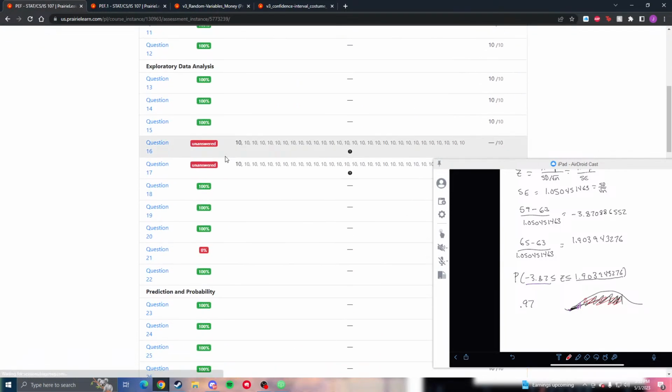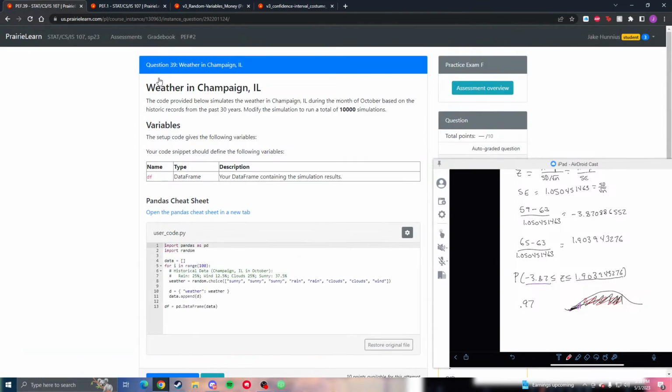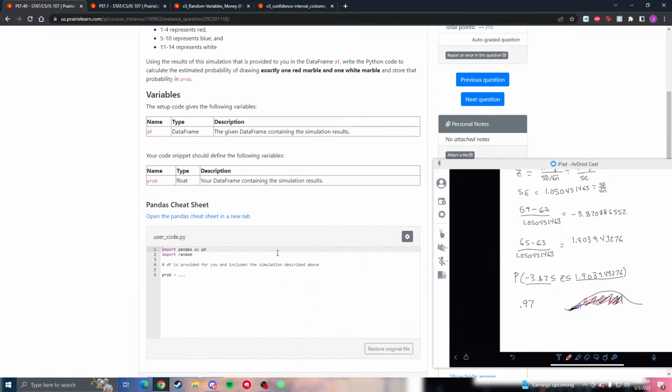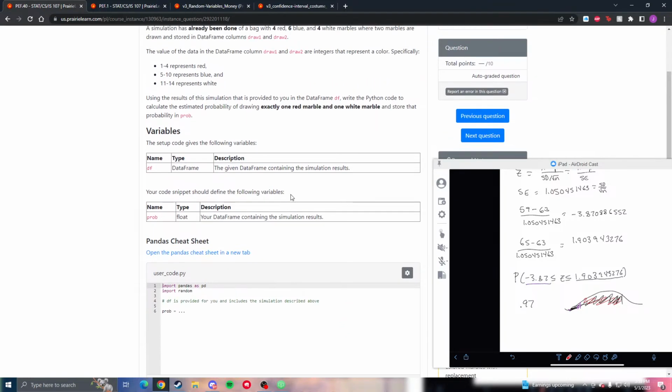Okay, I'm gonna answer one more question, and it's gonna be this one. So we need to calculate the probability of drawing one red and one white. And there's two ways you can do it. You can draw a red and then a white, or a white and then a red.